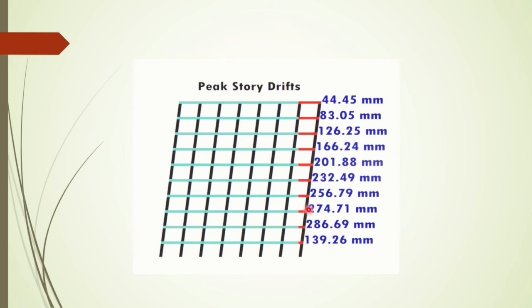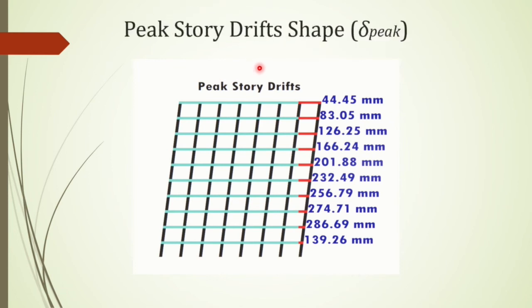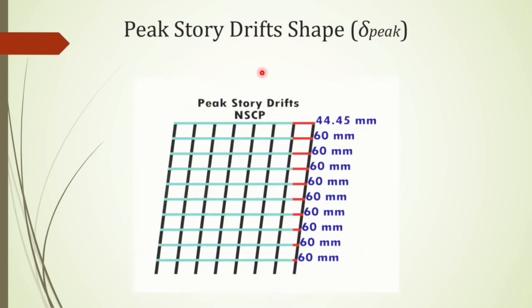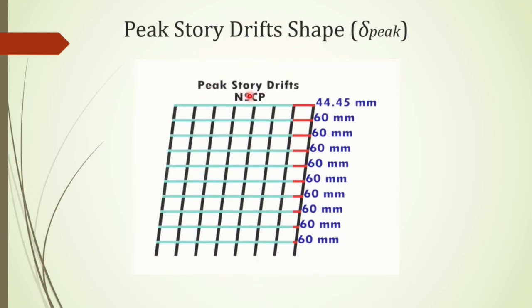Kaya po nag-minus tayo kanina kasi hindi po tayo nag-refer sa first floor. Ito po yung peak story drift regardless or neglecting the code. Pero once we refer to the code, ito na po yung ating peak story drift referring to the National Structural Code of the Philippines. So, kanina po, 60 mm our maximum drift, and for the 10th floor, is 44.45 mm.